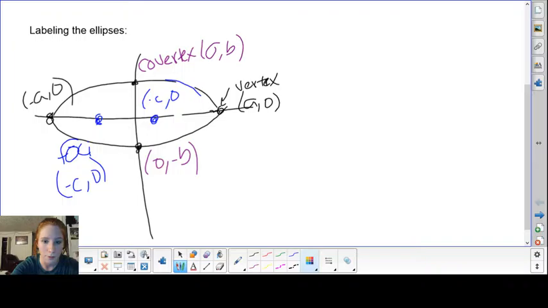Another thing I'd like to point out is the axes. Because I'm longer on the x-axis here, that is my major axis.